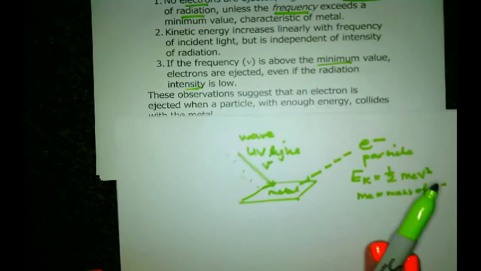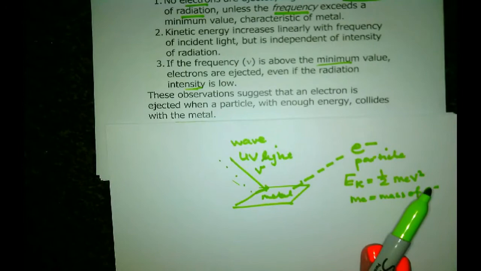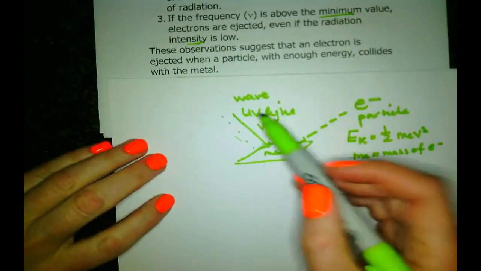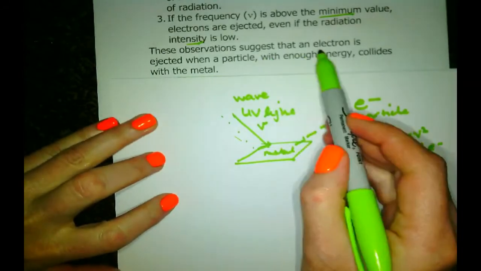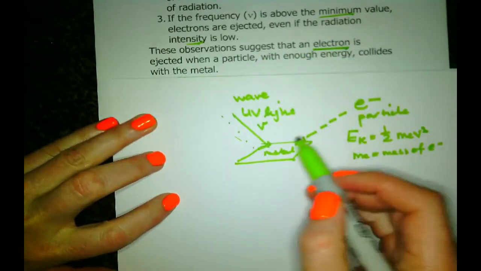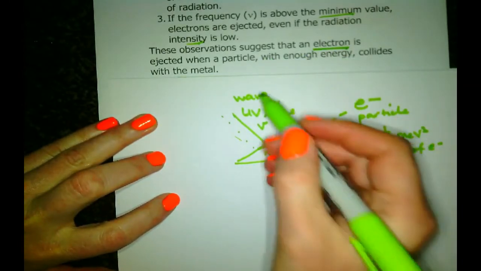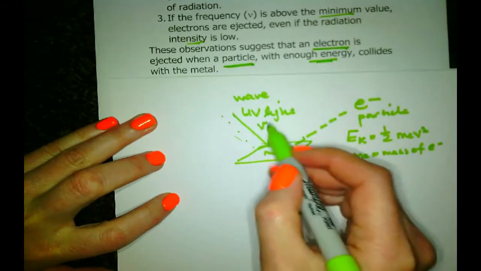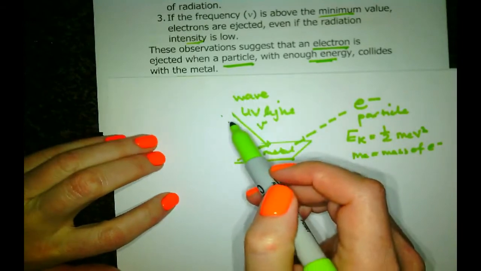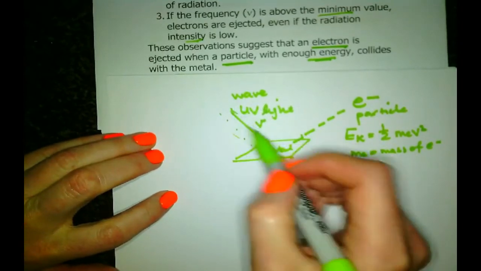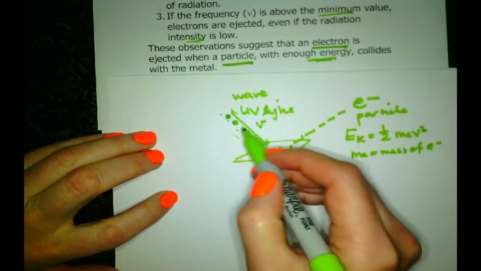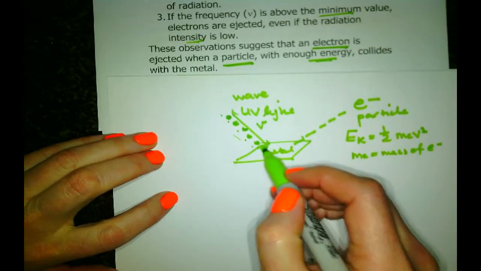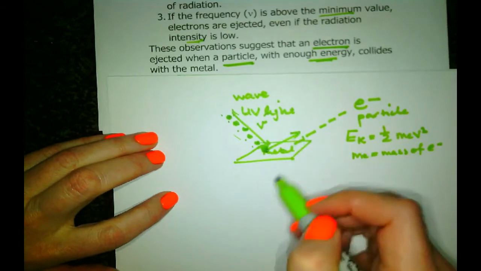Okay, so how do we interpret these observations? Well, firstly, this experiment suggests that an electron is ejected when a particle with enough energy collides with the metal. So instead of seeing this light coming in as a wave, we now see this as a particle coming in, colliding with the atom of the metal, and then kicking out an electron.